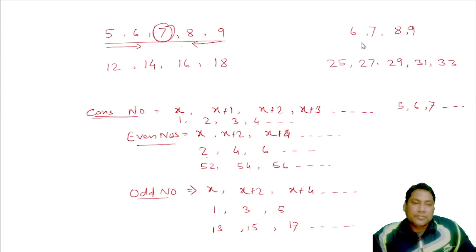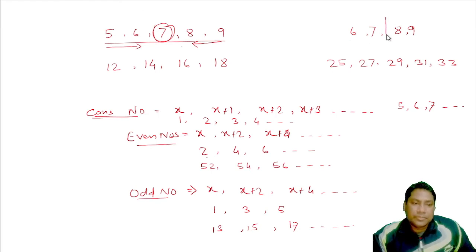For the case of 6, 7, 8, 9, it is also consecutive numbers. So the middle number will be the average of these numbers. It is very easy to take out the average of consecutive numbers. If the question asks for the average of 4 consecutive numbers, we will try to find the middle number.